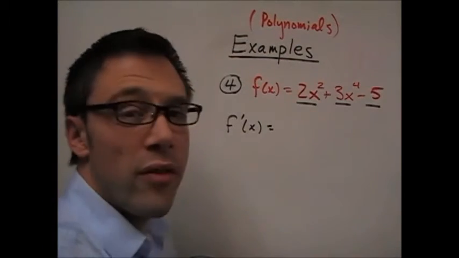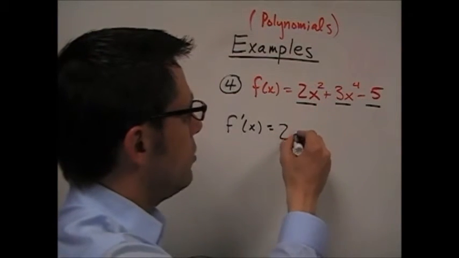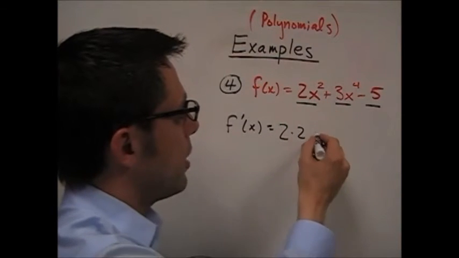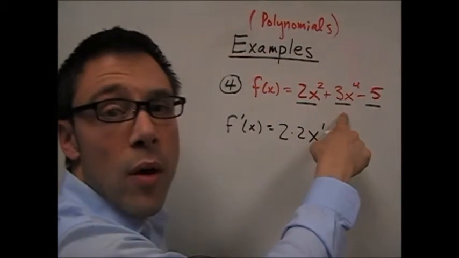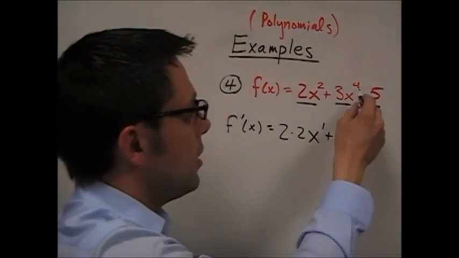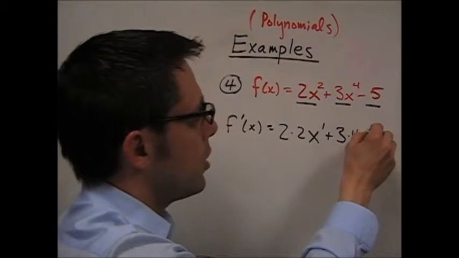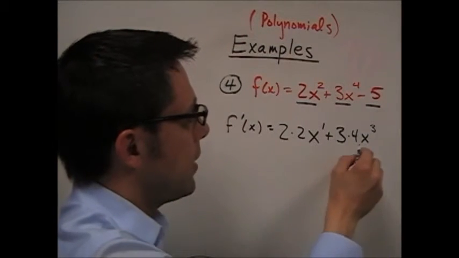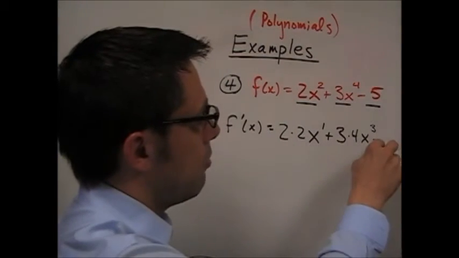The derivative of the first term is, well, I leave the 2 alone. The power comes down, reduce it down. Plus, I take the derivative of that one. Leave the sum alone, right? So the 4 comes down. It's 3 multiplied by 4. X to the 4 minus 1 is 3. And I take the derivative of that. The derivative of a constant is 0. So minus 0.